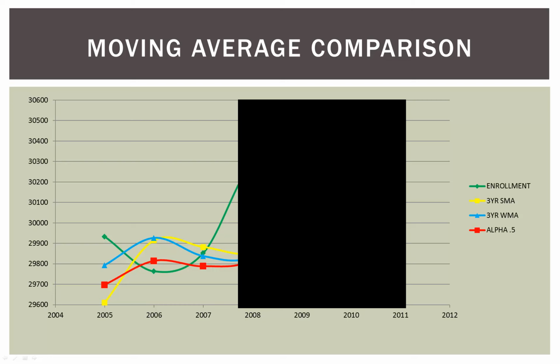But if I cover the right half and then show you the left half, now what do you think? Here it's a lot harder to tell, isn't it? It's really hard to tell which one is closer to our green enrollment line over this time period. So you have to be careful in making assumptions about segments of your data. You have to look at the whole thing in total.